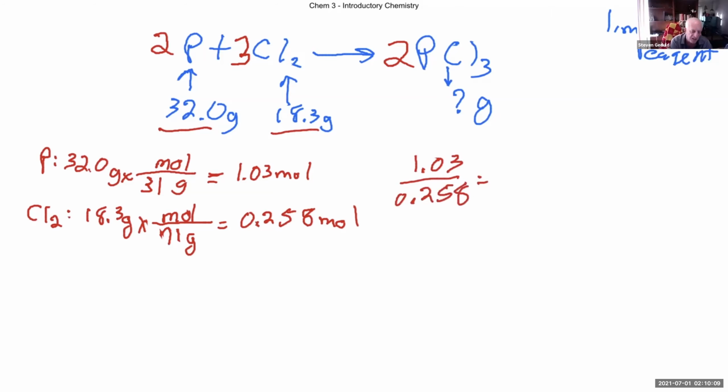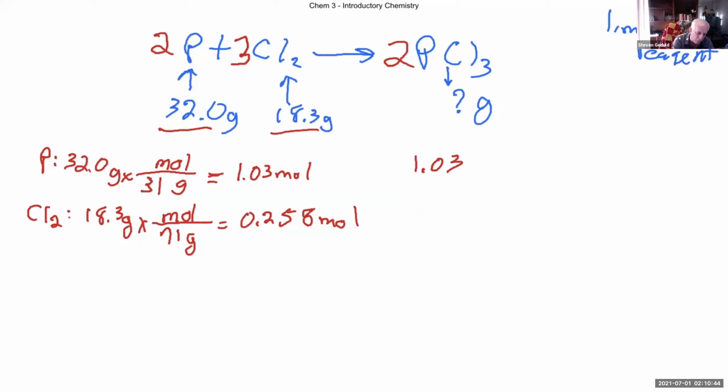And I'm going to pick one and set it equal to X. Actually, let me back up a second here. It's a 2 to 3 ratio. I'm going to set one of these numbers to my unknown because I know my ratio.